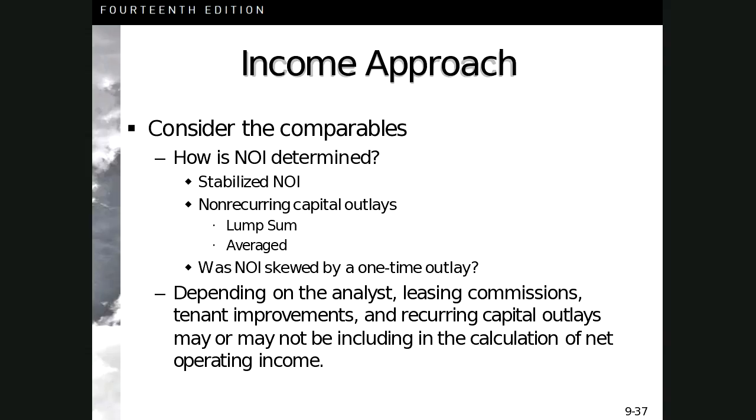If we consider the comparables, first of all, if we look at the statements, some of them are stabilized. What is stabilized net operating income? As we said, net operating income should take away all the operating expenses, but some of the operating expenses or capital expenditures are arguably non-recurring.